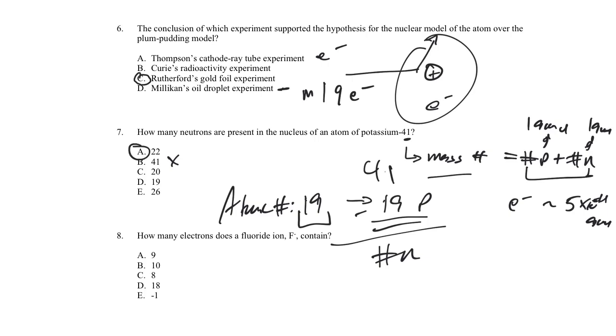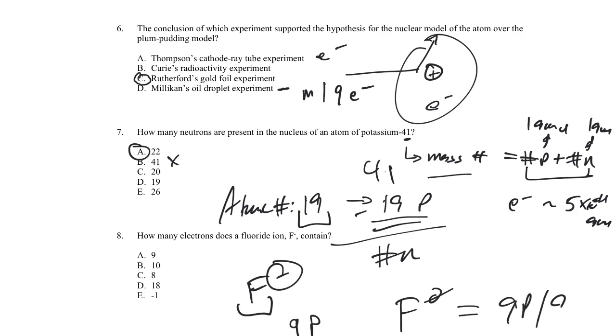So how many electrons does a fluoride ion contain? An F minus ion picks up a minus charge. Protons and electrons have the same magnitude of charge, just opposite in sign. When you look at fluorine on the periodic table, the atomic number is 9, so it has 9 protons. If we had fluorine with a 0 charge, that would have 9 protons and 9 electrons, so you have 9 positive particles and 9 negative particles for an overall neutral charge.